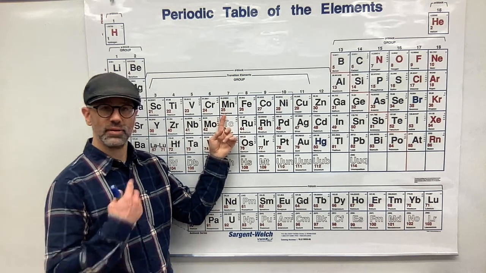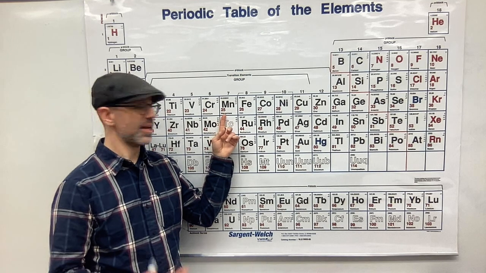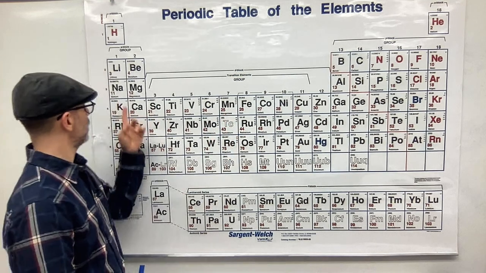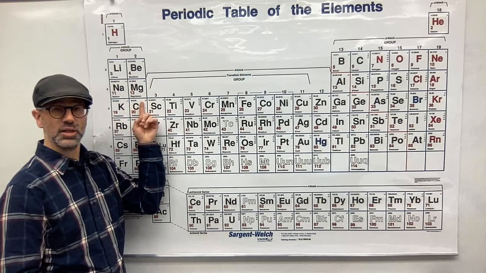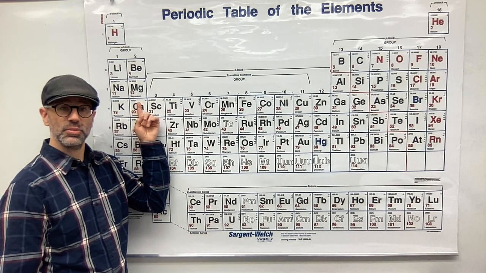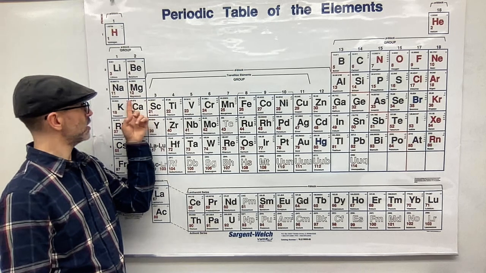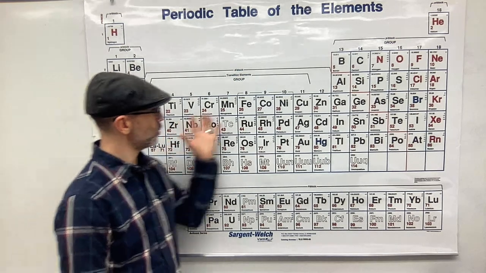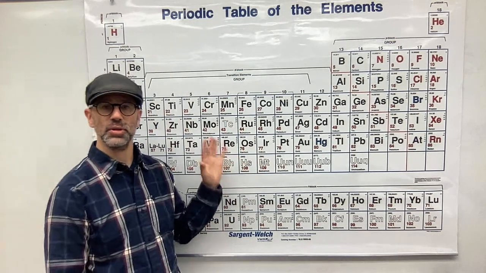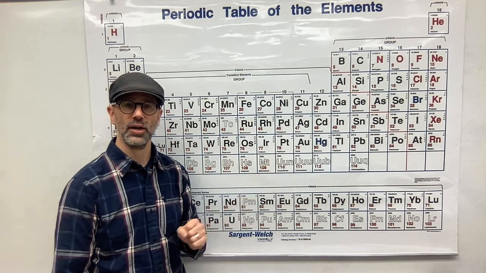And so the third letter in manganese is an N. Same thing with magnesium. Again, Mg for magnesium, but it has a capital M and a small g. So sometimes it's going to be the first letter of the name and then the third letter of the name.